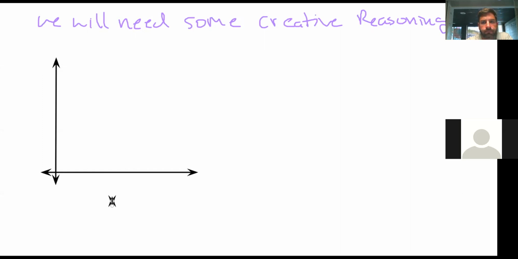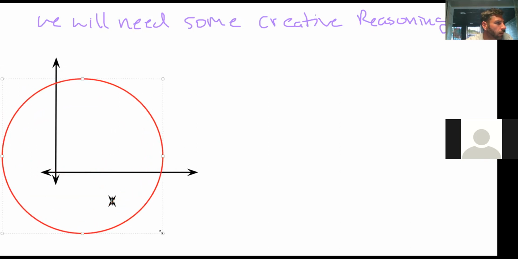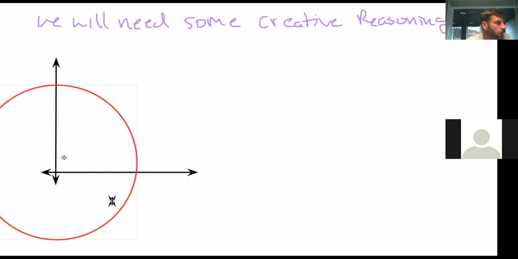Let's do that. See if I can get this circle to work the way I want it. All right, that's my circle. It's close enough.